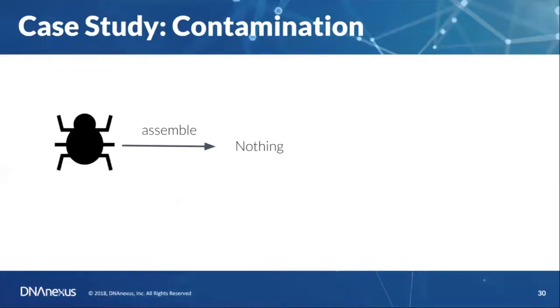Here's a case study about contamination. When we started genome assembly, the very first times we did it, we usually got very good results. We just got the data and assembled right away. But we ran into a corner case where we got an insect sample from a collaborator, and when we assembled it, we got nothing back from the program, and we were curious why.